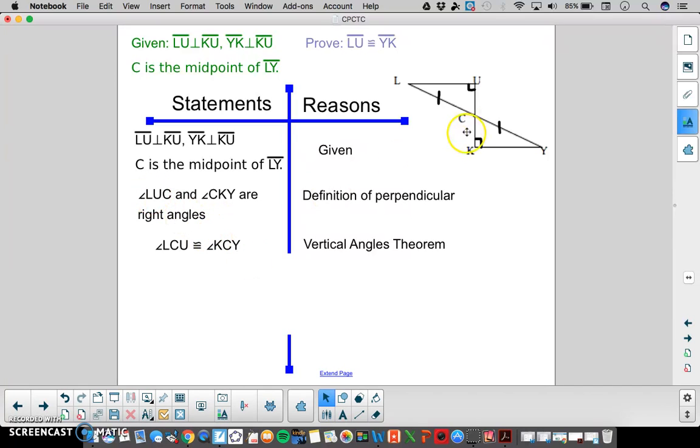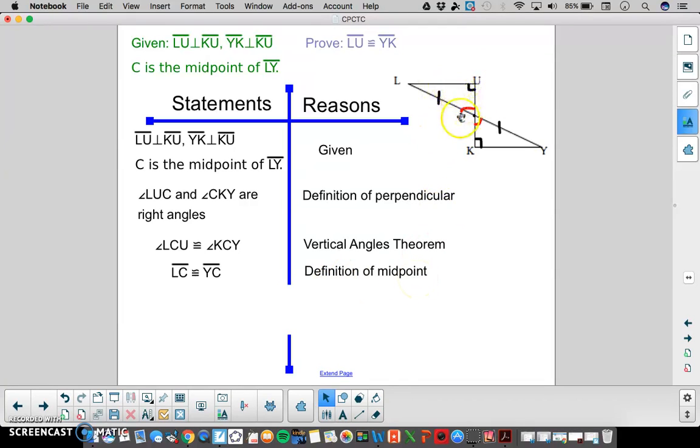We also know that we have a set of vertical angles here. The set of vertical angles are angle LCU and KCY. We also know that segment LC is congruent to segment YC by the definition of midpoint.